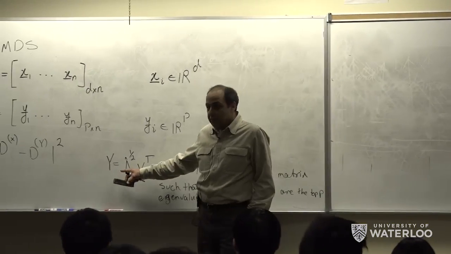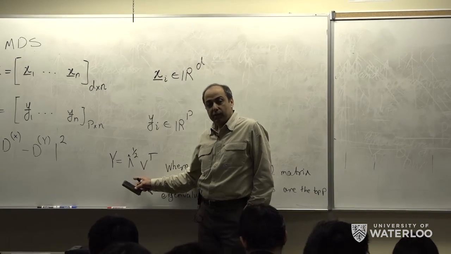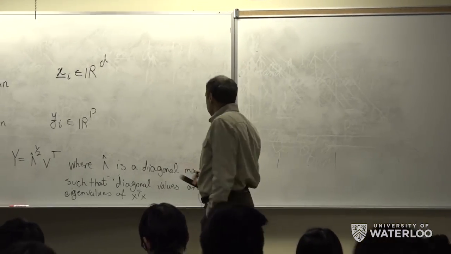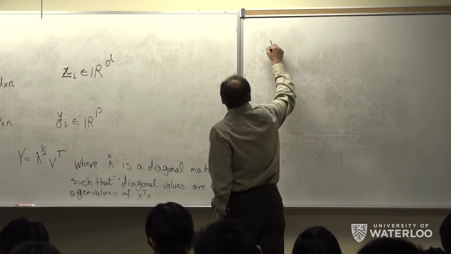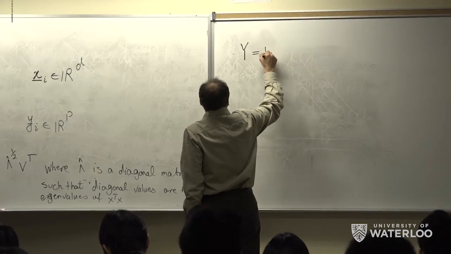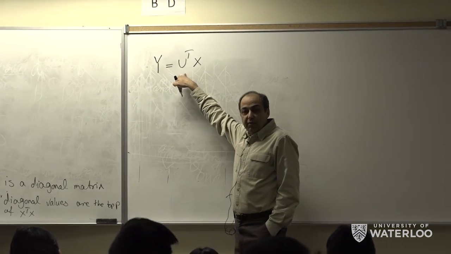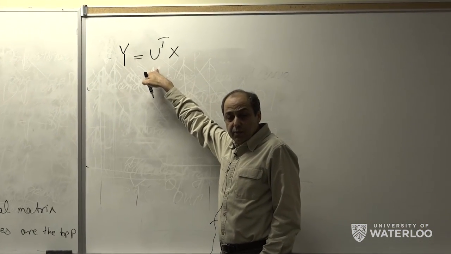So clearly, this solution is identical to dual PCA. If you remember, in direct PCA, Y was U transpose X, where U was eigenvectors of X X transpose.